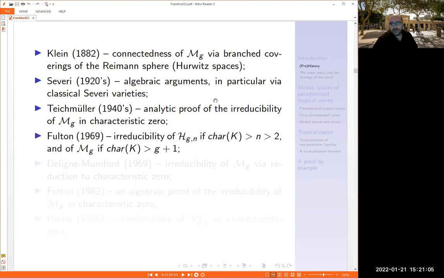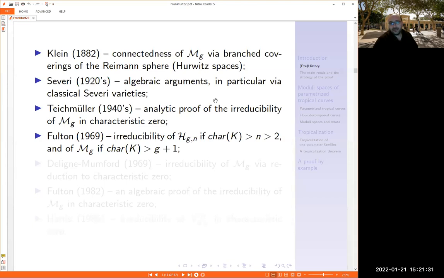Now, an algebraic treatment of irreducibility was really done in 1969 in two independent works. One is by Fulton, who introduced these Hurwitz schemes formally algebraically, and proved that under certain assumptions on the characteristic, these schemes are irreducible.